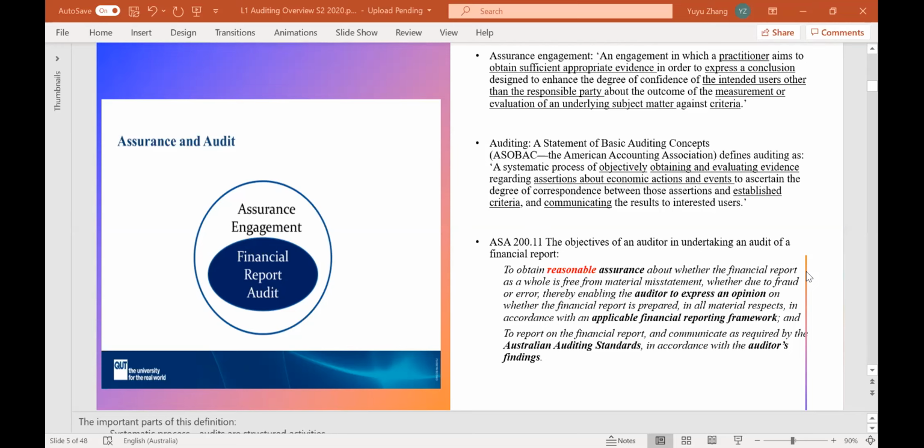We can read up the definitions for assurance and for auditing. From different organizations, different professional bodies and different regulatory setters, the definitions of auditing and assurance could be quite different.